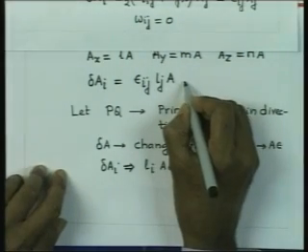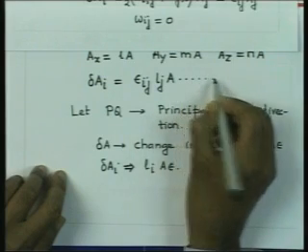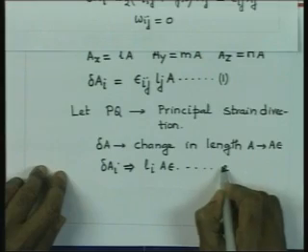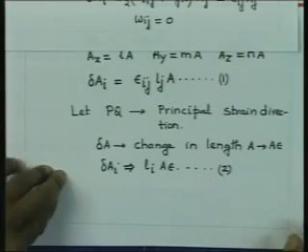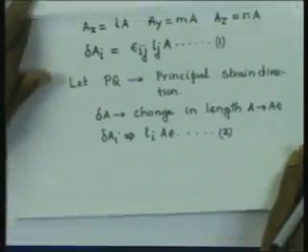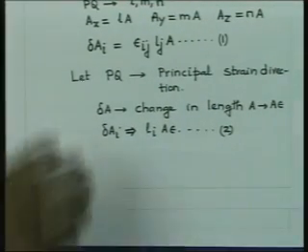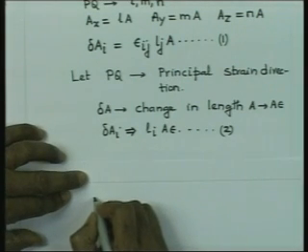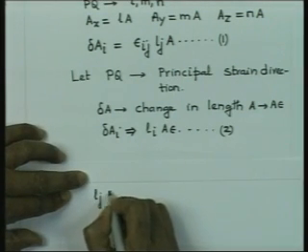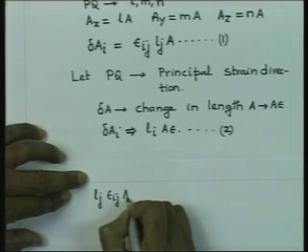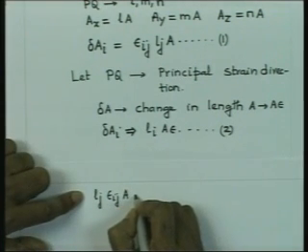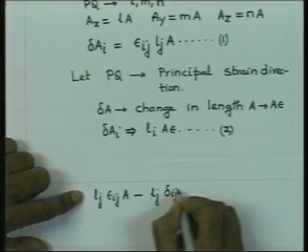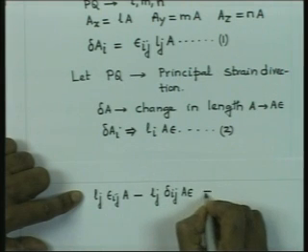So, if we consider that this relationship, let us say it is 1, this relationship is 2. Now, you can combine these two relations, and you will get now that L j epsilon I j A minus L j delta I j A epsilon is equal to 0.